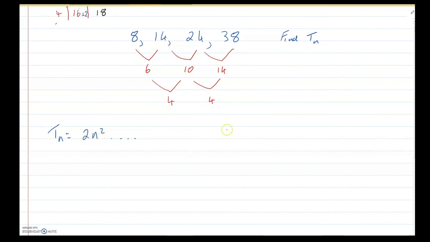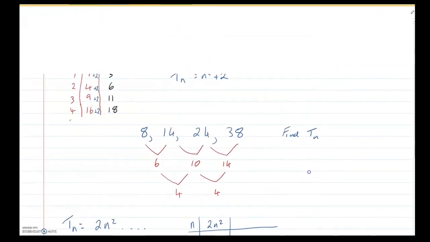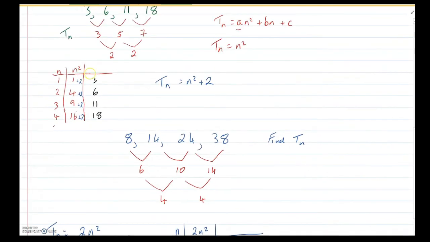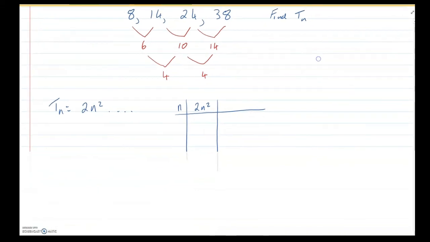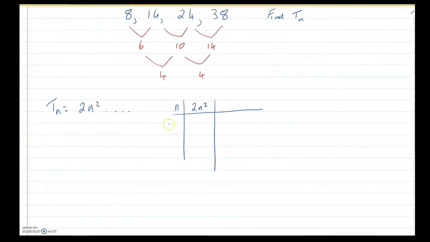So now let's take our table, and we have n here, and then we are going to put 2n squared here. In the previous tables we put n squared, and the reason we put n squared was that the coefficient of n squared was always 1, but because the coefficient here is 2, we put 2n squared.